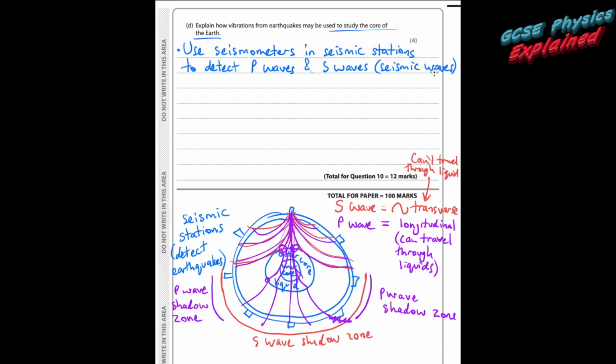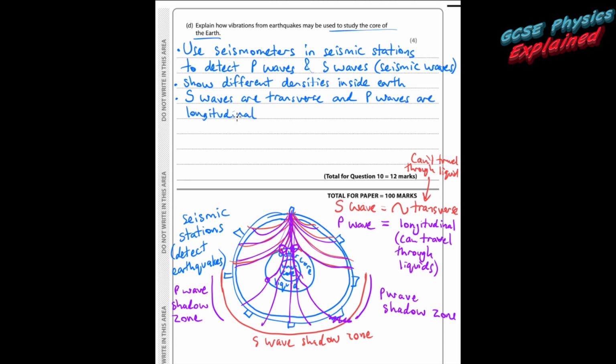So these seismic wave stations, the seismometers, will help us to detect different densities inside the Earth. S waves are transverse and P waves are longitudinal. S waves can't travel through liquid.